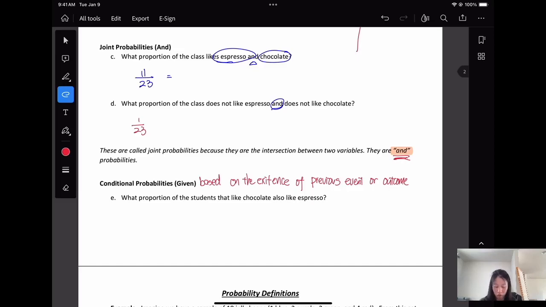Take a look: the students who like chocolate also like espresso. The existing condition, the existing event or outcome, is given students who like chocolate, and we want to know among those students who like chocolate, who also likes espresso.